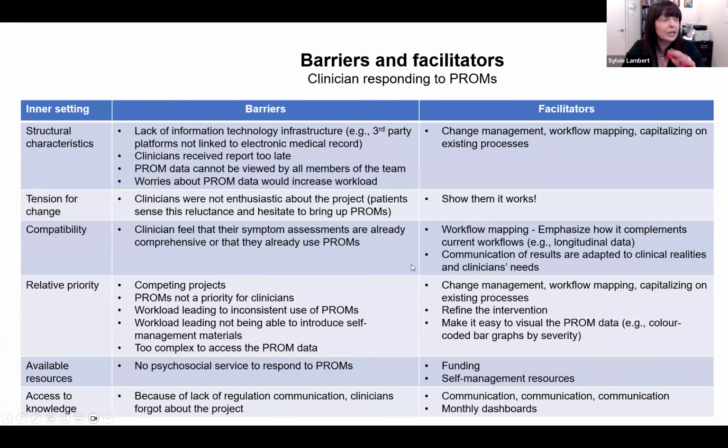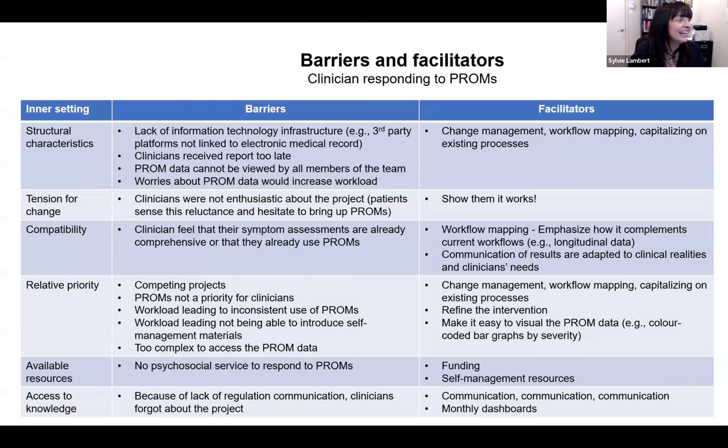So I'll just go quickly in terms of barriers. There were a lot of barriers and facilitators throughout the implementation of e-impact. A lack of technological infrastructure. Some clinicians were like, I do this already, so I don't need PROMS. So then you have to work with showing the evidence.